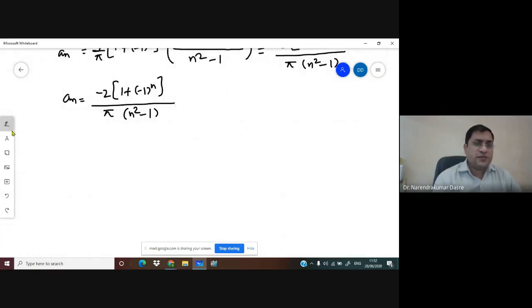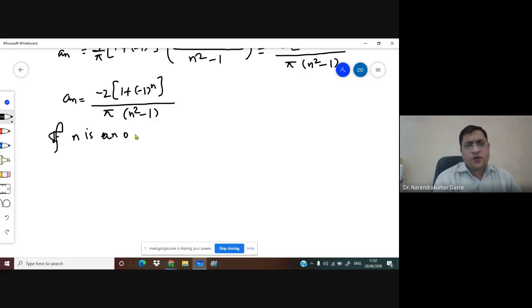So if n is odd, then minus 1 raised to n is equal to minus 1. So this term will become minus 1. So 1 minus 1 is going to be 0. So you get an is equal to 0.